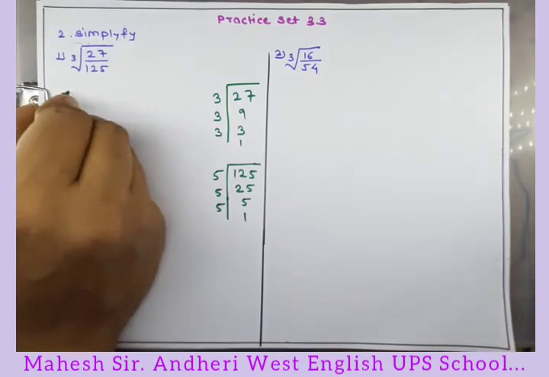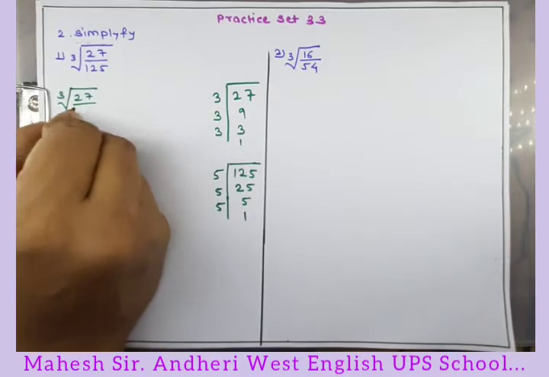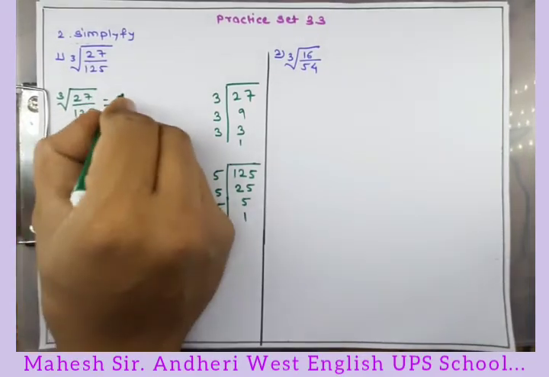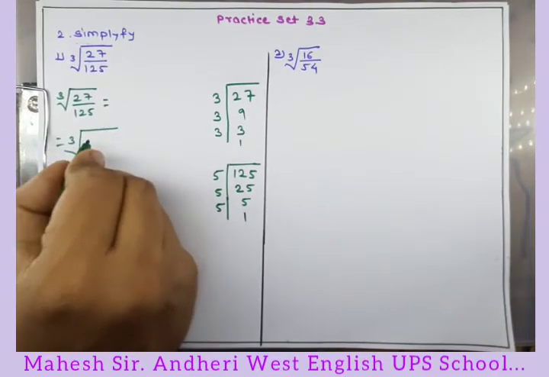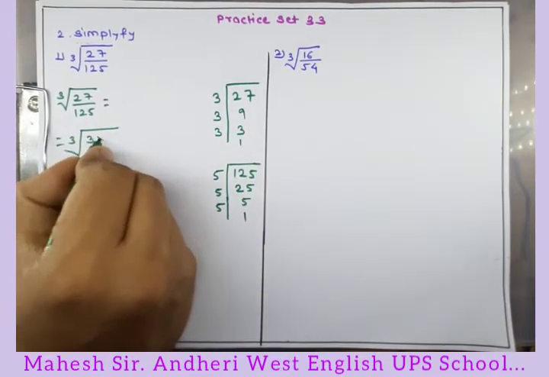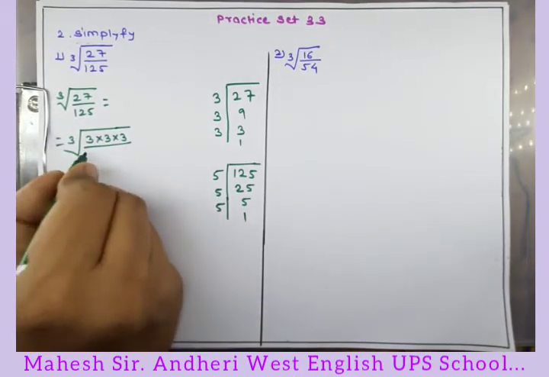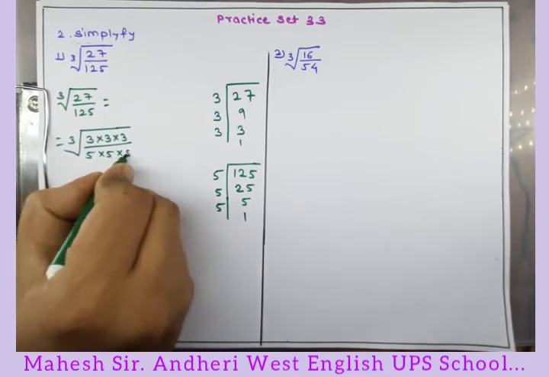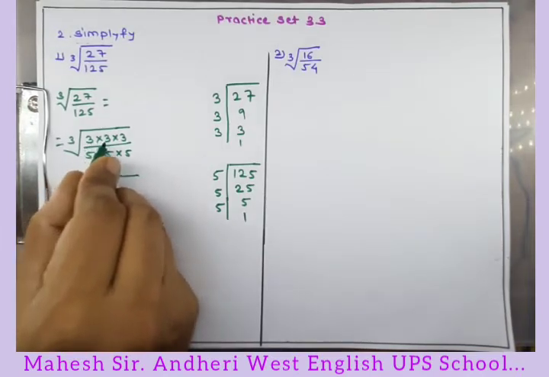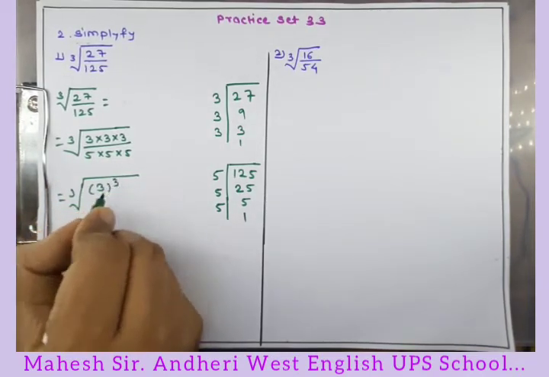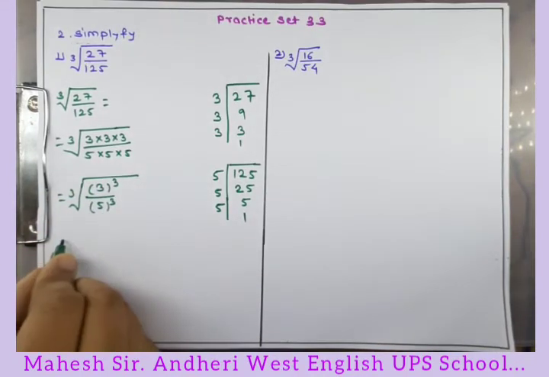So we write here cube root of 27 upon 125 is equal to, right? That is cube root of 27. For 27 we will write 3 into 3 into 3 upon, for 125 we will write 5 into 5 into 5. So cube root of 3 into 3 into 3 means 3 cube, and 5 into 5 into 5 means 5 cube, right?